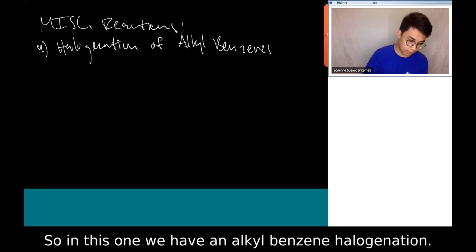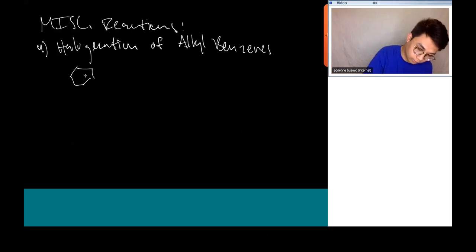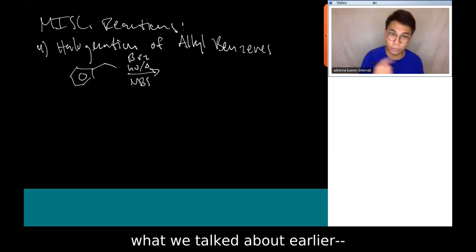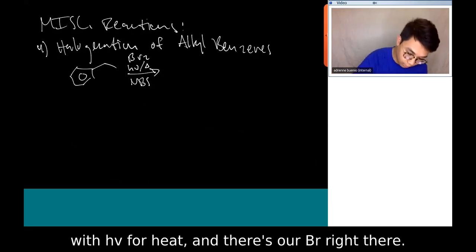So in this one, we have an alkyl benzene and a halogenation. Let's start off with this, and then we either have Br2 with hv and heat, or NBS, what we talked about earlier, with hv or heat.